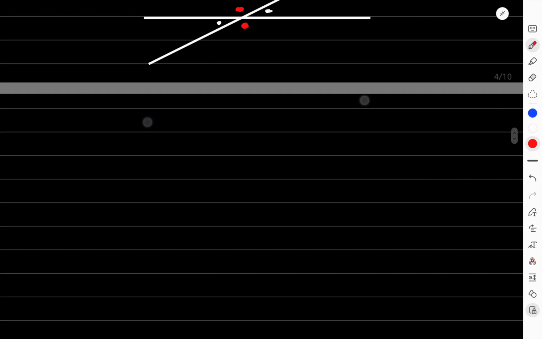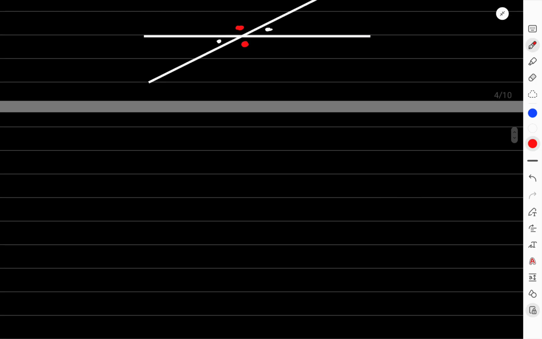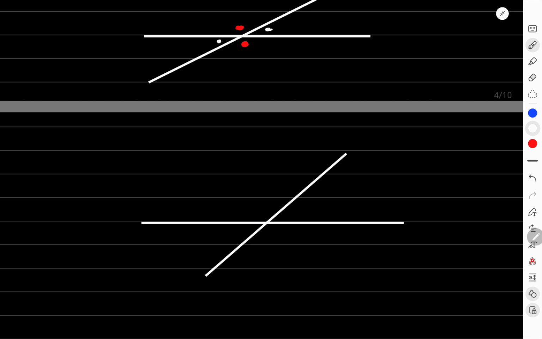Let me just draw a structure like this one, whereby I assume I don't know whether vertically opposite angles are the same. I'm going to have a line like this, and another line like that. Let me say this angle is x, this one is y. I have 164 degrees here.